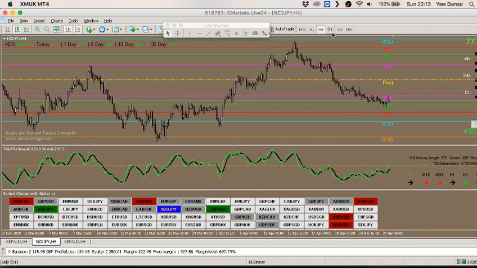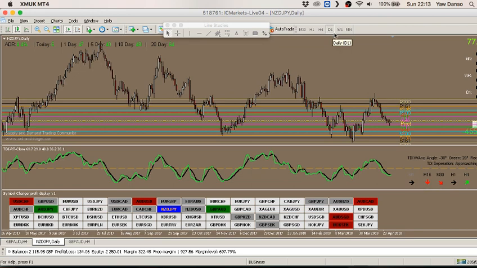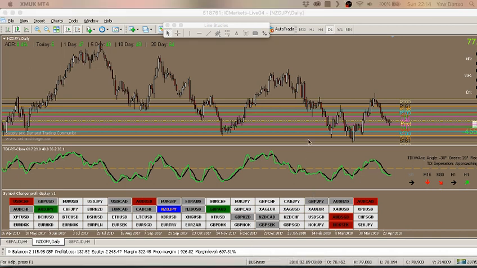I'm actually watching this one because I want to buy it. With my price action, price has gone up like this and it has retraced. It has come down a little bit. So with my knowledge, I will then look at the news.